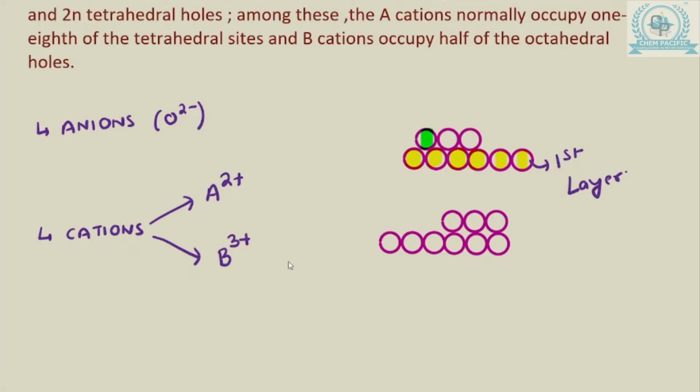I'm just denoting it as green in color. Now see students, when they arrange in space, they actually create some vacant spaces. And those vacant spaces are known as voids.